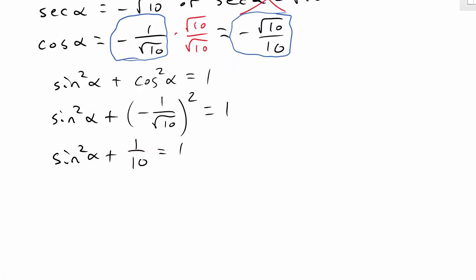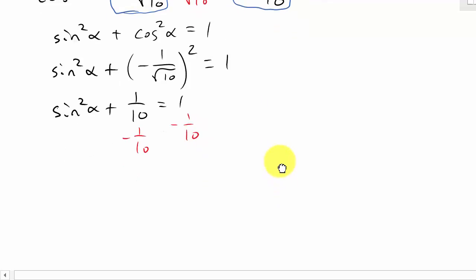Then we subtract 1 over 10 from both sides, and that gives me sine squared alpha equals 9 over 10.